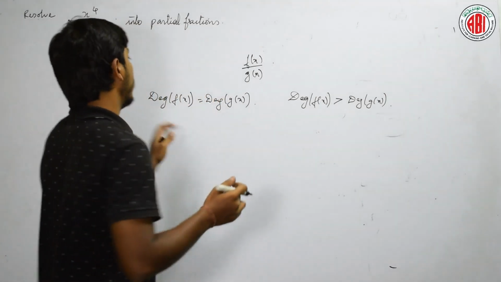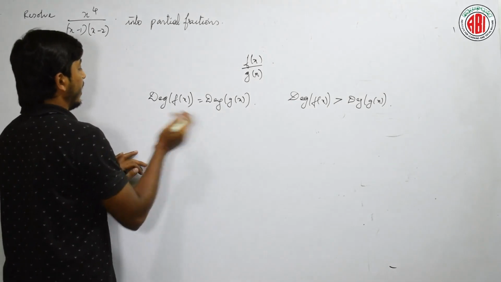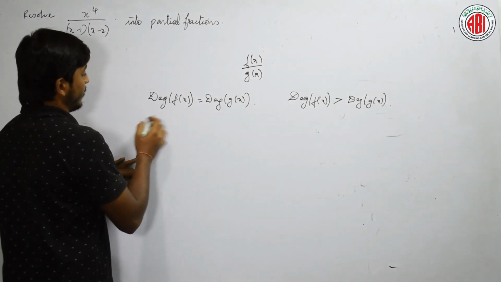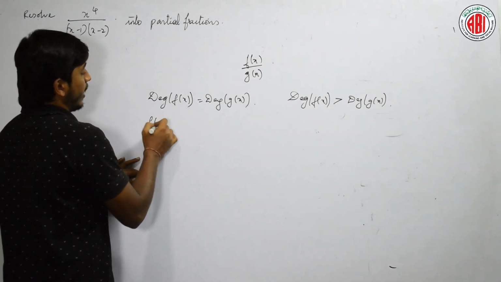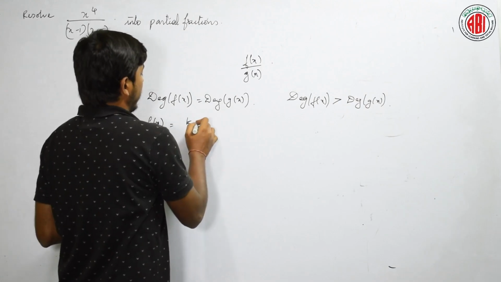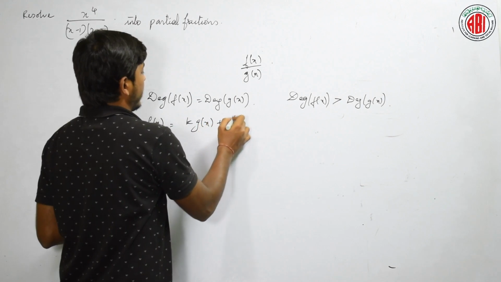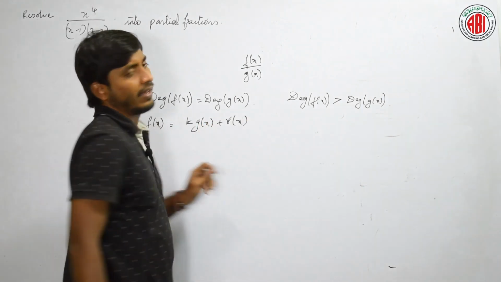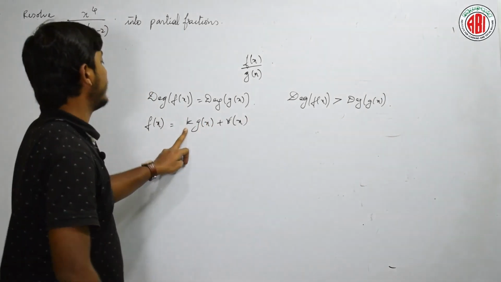How do we do it? We will divide, we will write in this way. We will write f of x as some constant k into g of x plus some remainder r of x. What is this k?